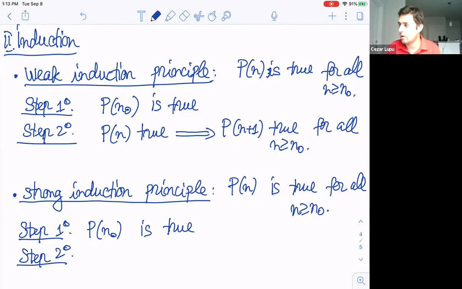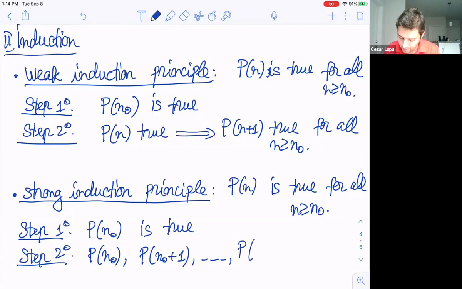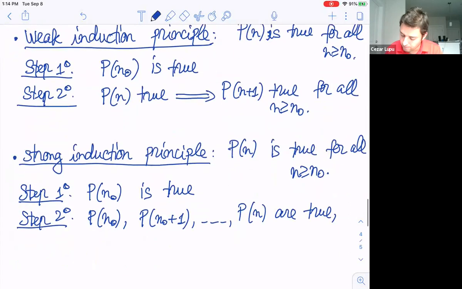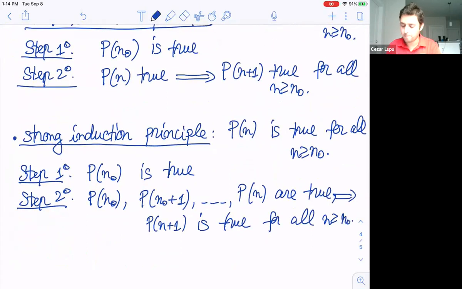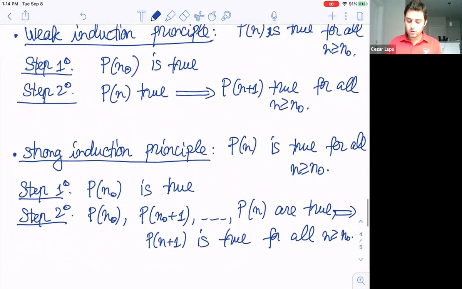Basically, it says that if P of n0, P of n0 plus 1, and so on, all the way to, let's say, P of n are true, then this implies that P of n plus 1 is true for all n greater or equal than n0. Anyway, now you get the idea. Let me show you some examples.